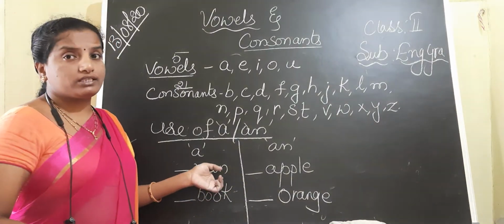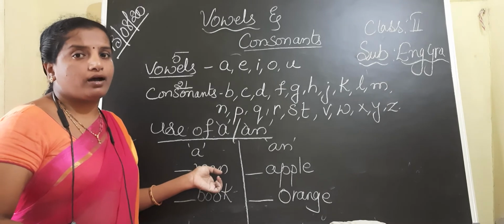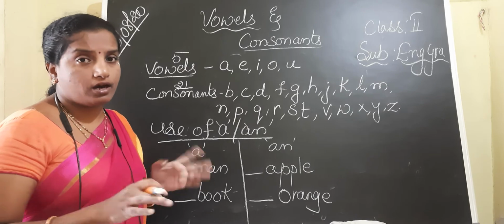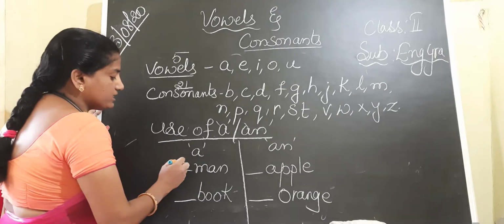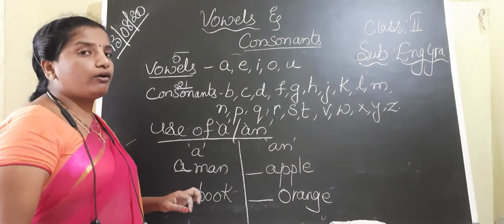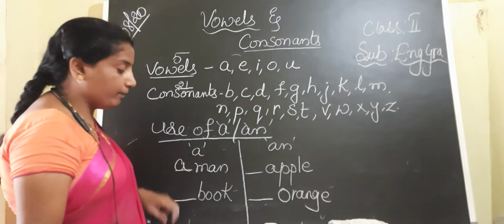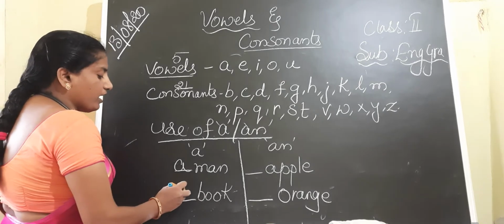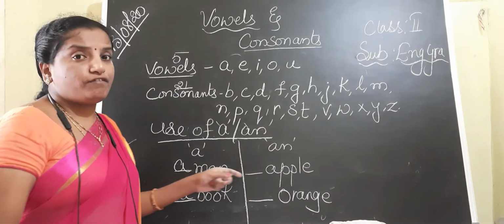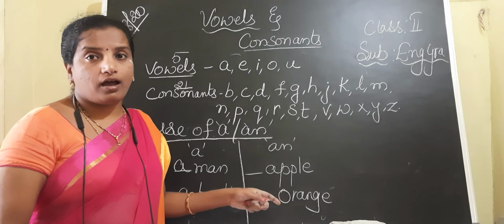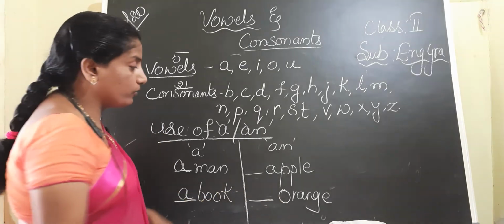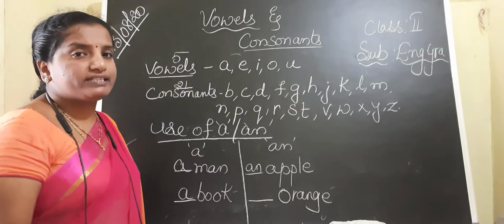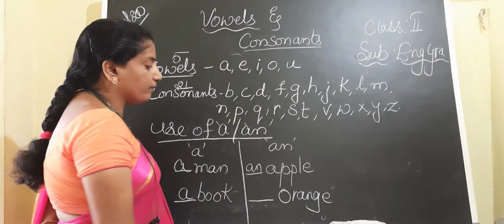Suppose you pronounce the word man. Which sound are we getting? Ma. So ma is not a vowel sound, it is a consonant sound. So we have to write A man. Book, ba sound, so again we write A book. But if you pronounce apple, the sound is a vowel sound, so before vowel sounds we have to use AN.